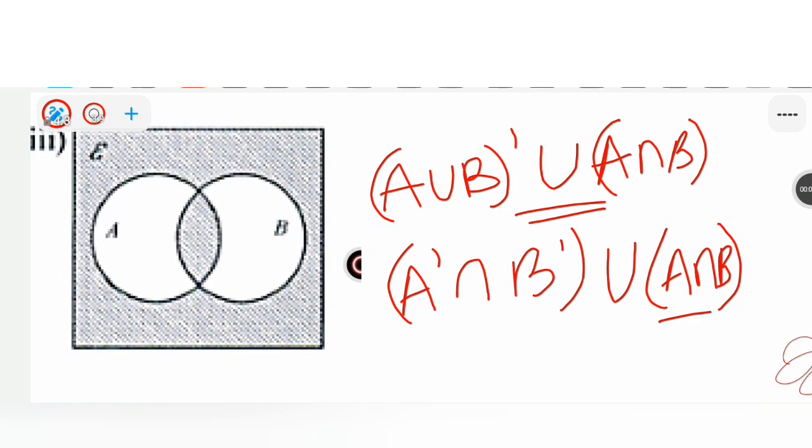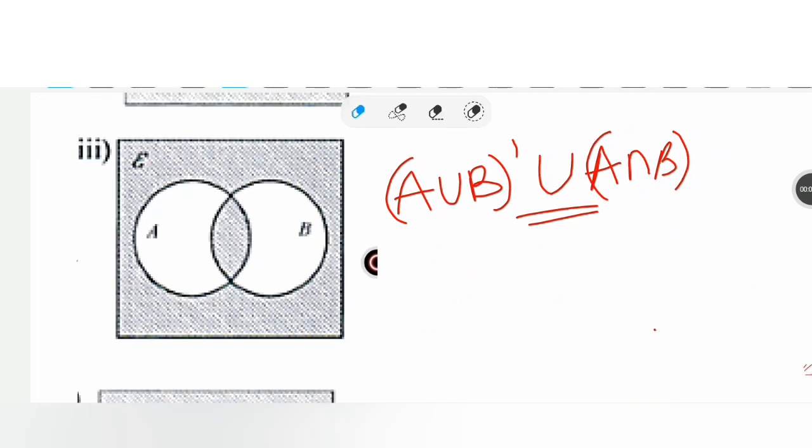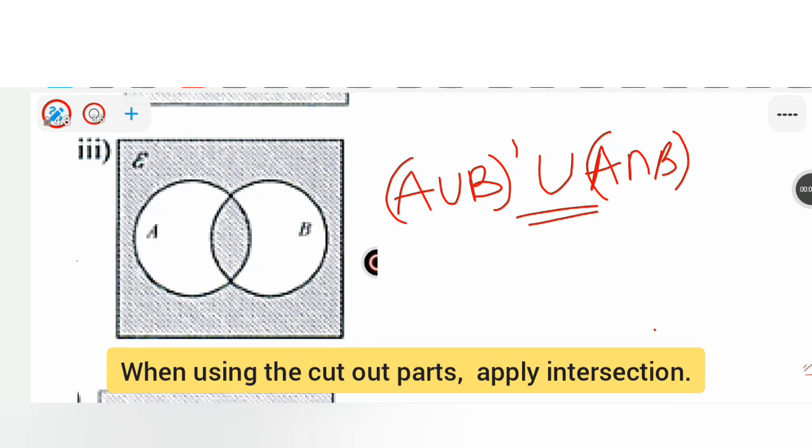Alright, there's another way to do it. I'm going to teach you another way of solving this question in case you don't see this particular answer in your option. For this answer, I consider the shaded portions, and I use union. But for this next way, I'm going to consider the cut out parts, the white parts, not the shaded parts. And I'm going to use intersection to join them together.